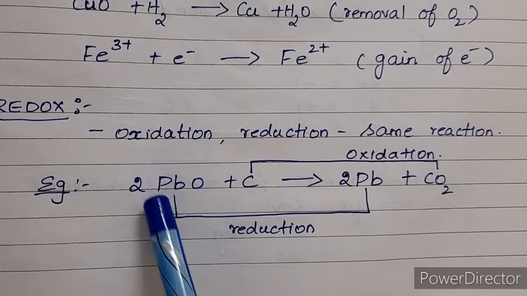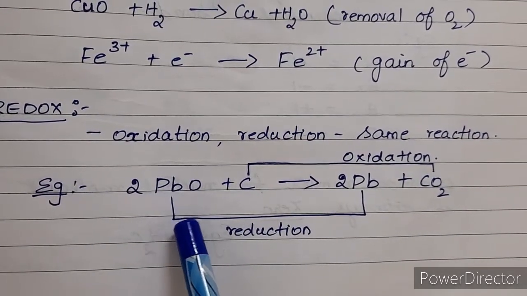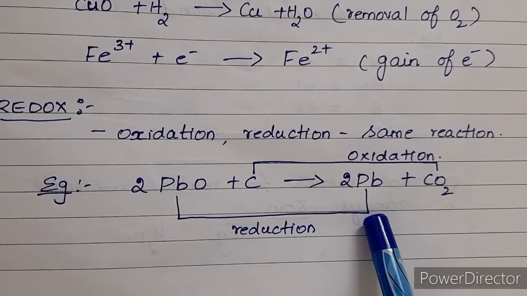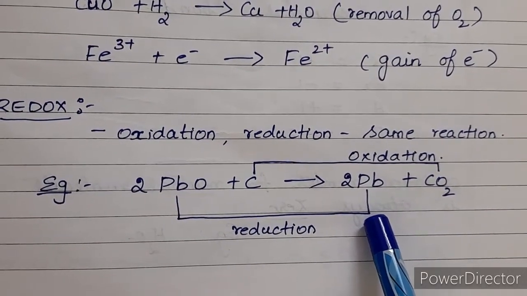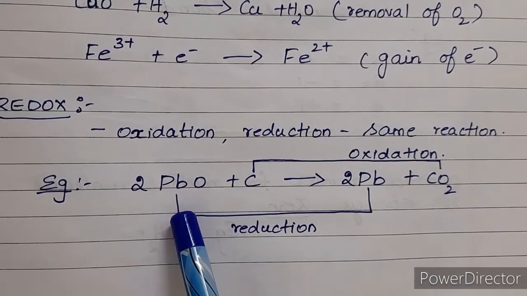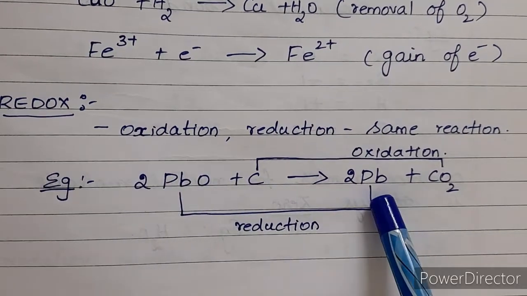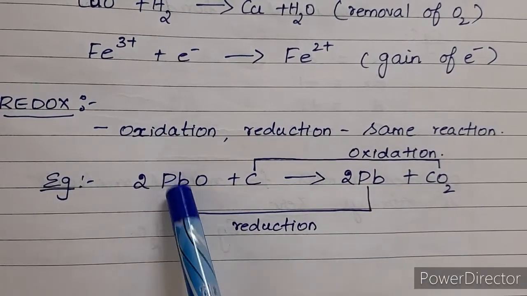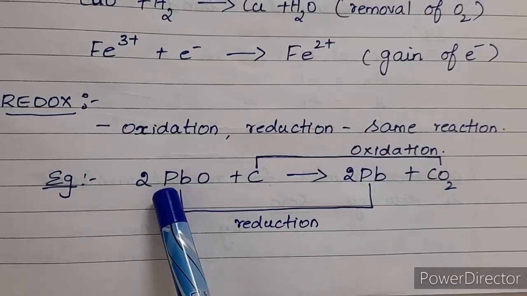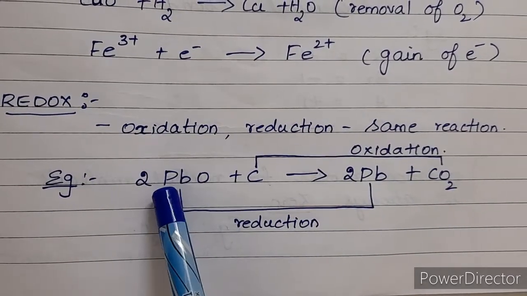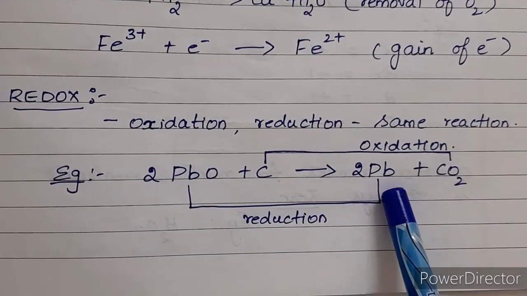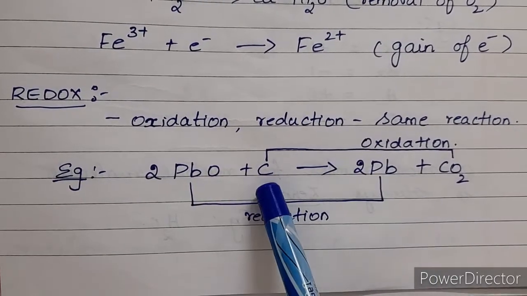Now see this lead oxide. Lead oxide undergoes removal of oxygen. Removal of oxygen is also called reduction. So oxygen is removed from the lead oxide and it becomes metallic lead. Here reduction takes place in the case of lead oxide, which is reduced to metallic lead. Now see carbon.